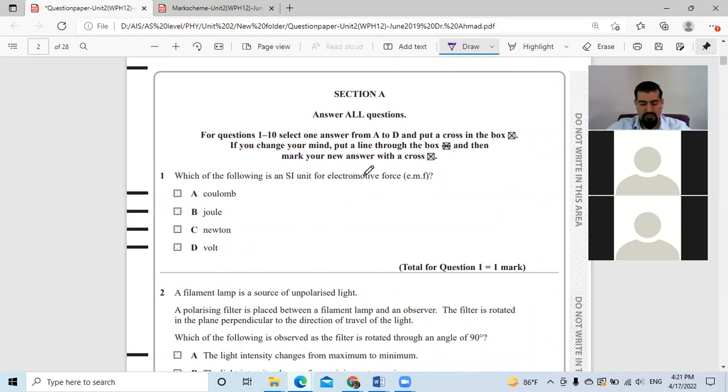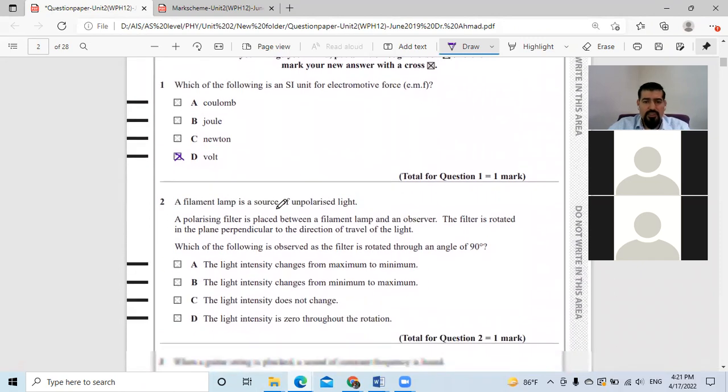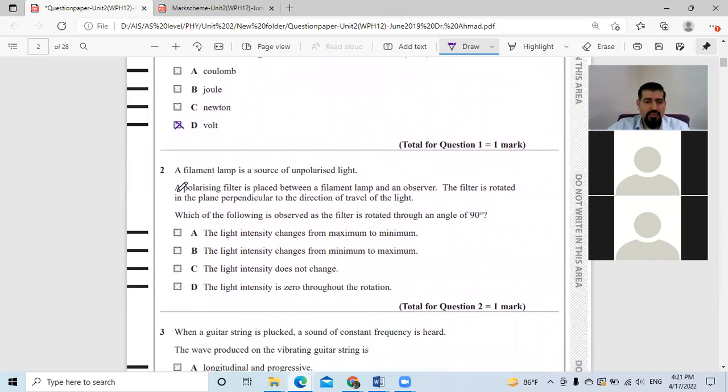So what do they ask here? First question: which one of the following SI units is the unit of the electromotive force? We know it's volt, D. Next question: a filament lamp is a source of unpolarized light. A polarizing filter is placed between a filament lamp and an observer.